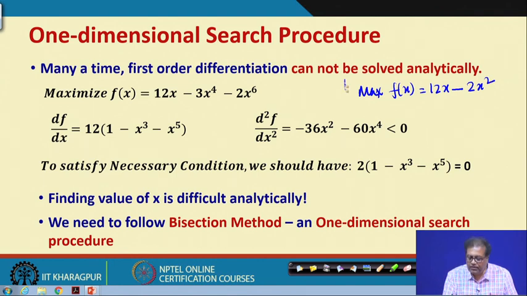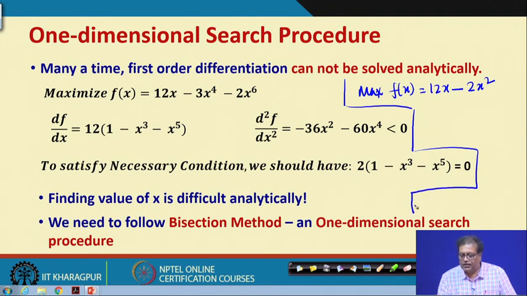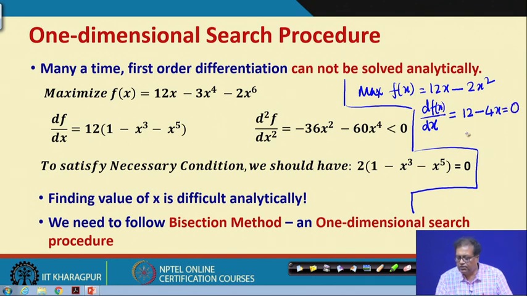If I am solving only this much and not the problem given earlier, then I find the first derivative df/dx equal to 12 minus 4x. When I put it equal to 0, I can easily find x equal to 3.